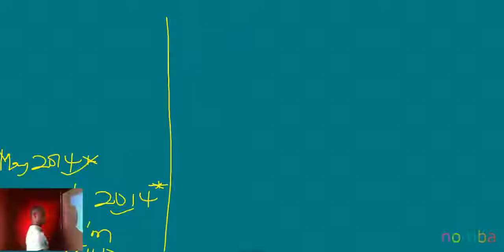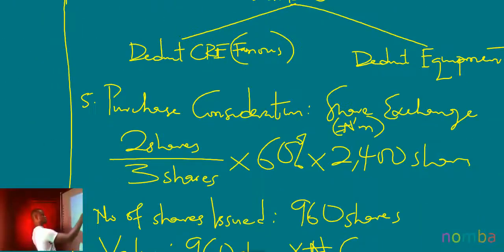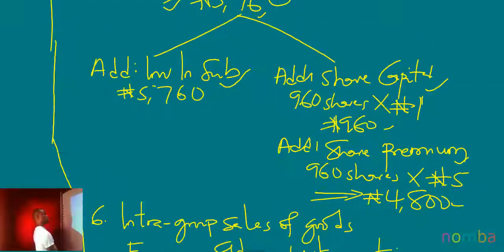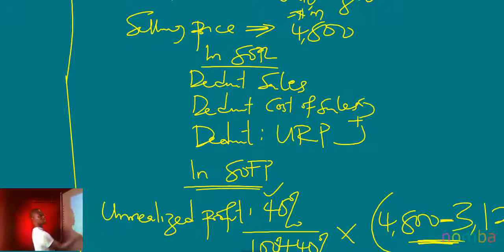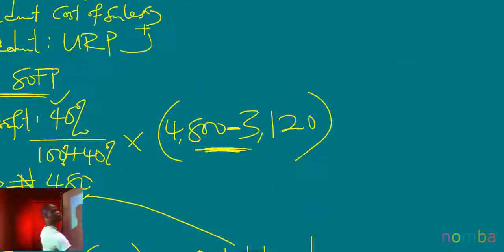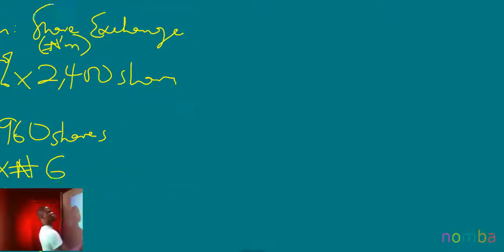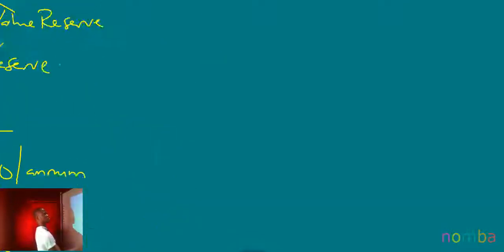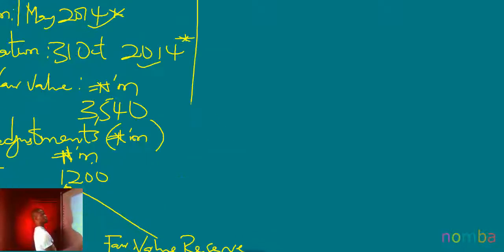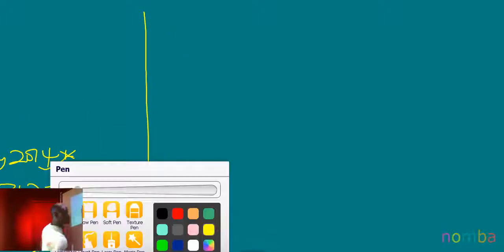So that will be which working? Which working did we stop at? I think we stopped at working 6, no, working 7. Yeah, working 7. So that means we are moving on to working 8. So let's move straight on to working 8.